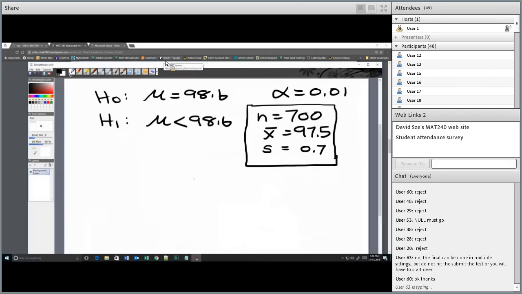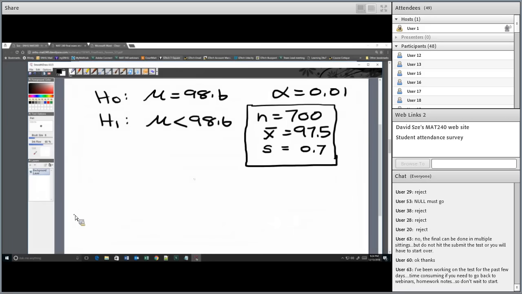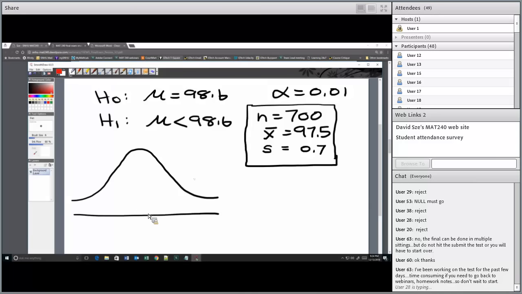By the way, let me ask you guys, if I were to draw this, looking at the hypotheses here, would this be a left tail test or a right tail test? Where would the tail be?